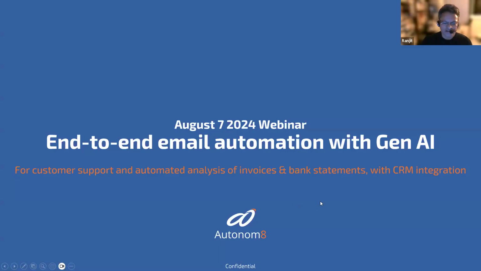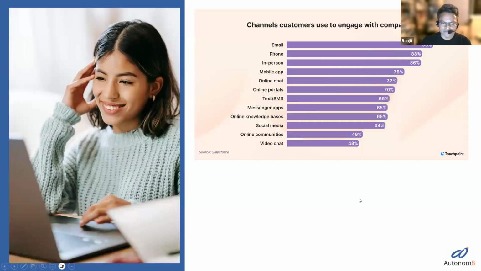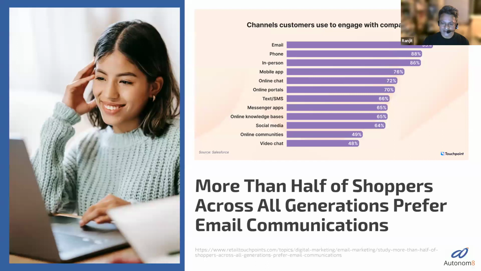So this is just the heading of the webinar. The focus is on email automation. So let me start by describing the importance of email these days on the web. Email is more than 50 years old, but it's still a very powerful capability for communication. And you'll see the graphic on the top right of my screen indicating all the different channels that customers use to engage with companies.